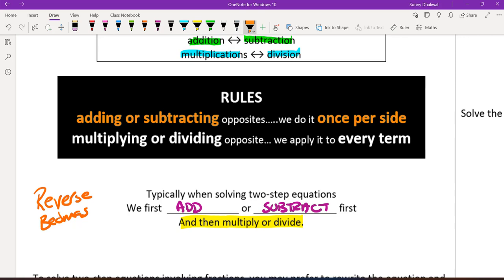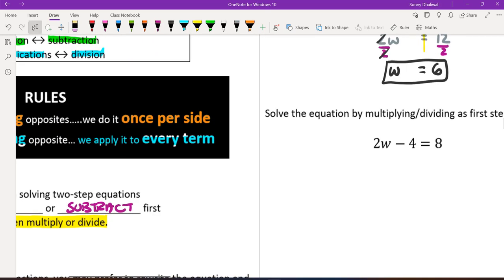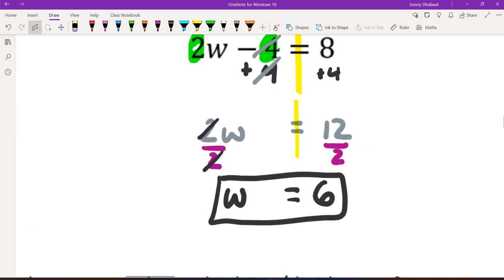And the rule for multiplying and dividing is if you're multiplying or dividing a number to get rid of it, we do that to every single term that you see in the equation. So if you decide to multiply, you're going to multiply everything. If you decide to divide, you divide everything. By doing it this way, it sort of forces that to happen naturally.